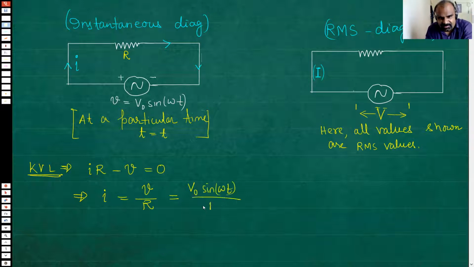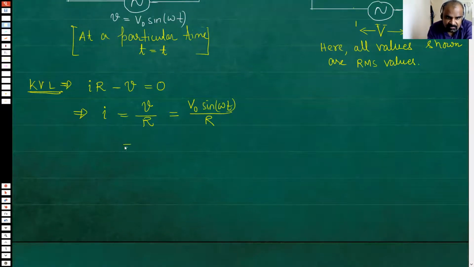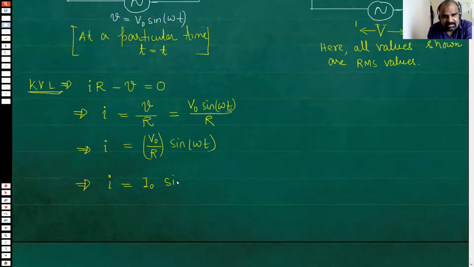This must be very boring for you because I have shown the same thing 2-3 times already, but don't worry, soon we will make it interesting. So V0 by R sin omega t is the current. This V0 by R we can write as capital I0, which is the peak current, sin omega t.